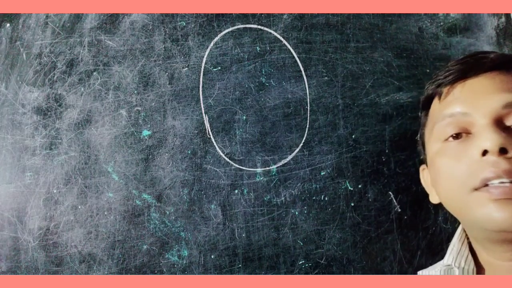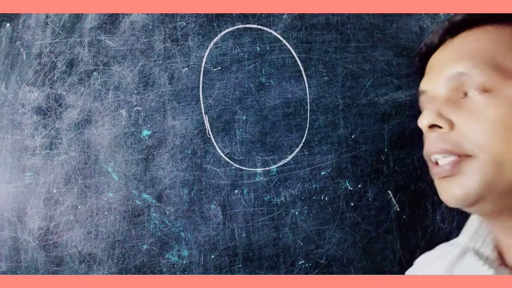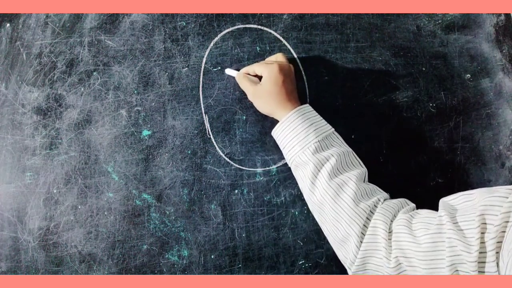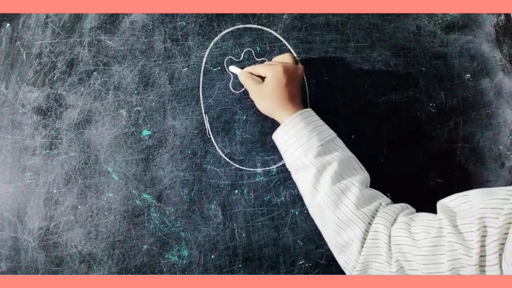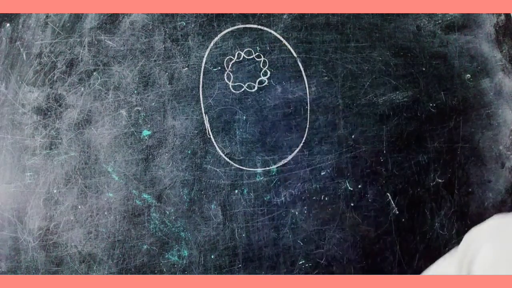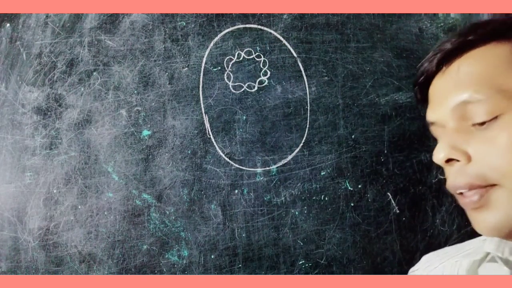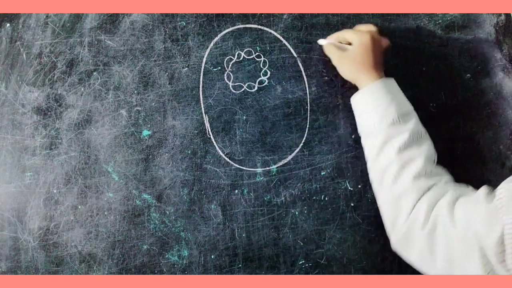Then finally the genetic material. The genetic material in prokaryotes consists of circular DNA. This circular DNA is without histone.